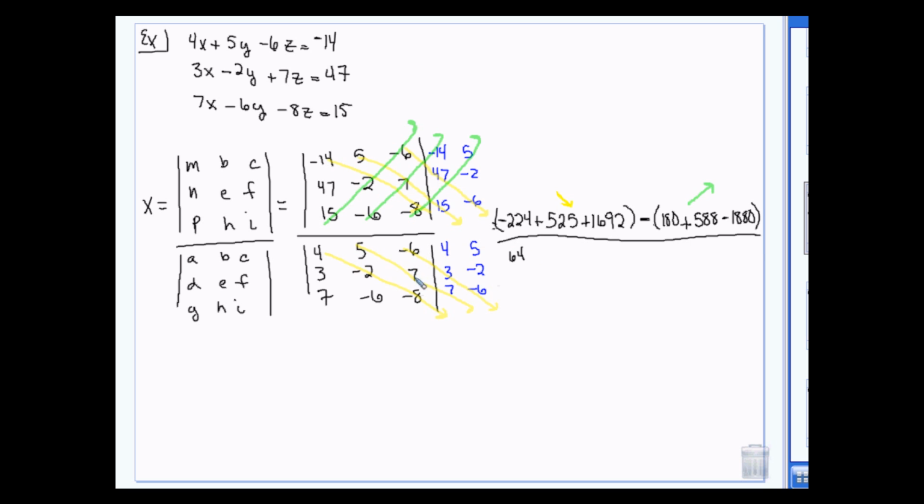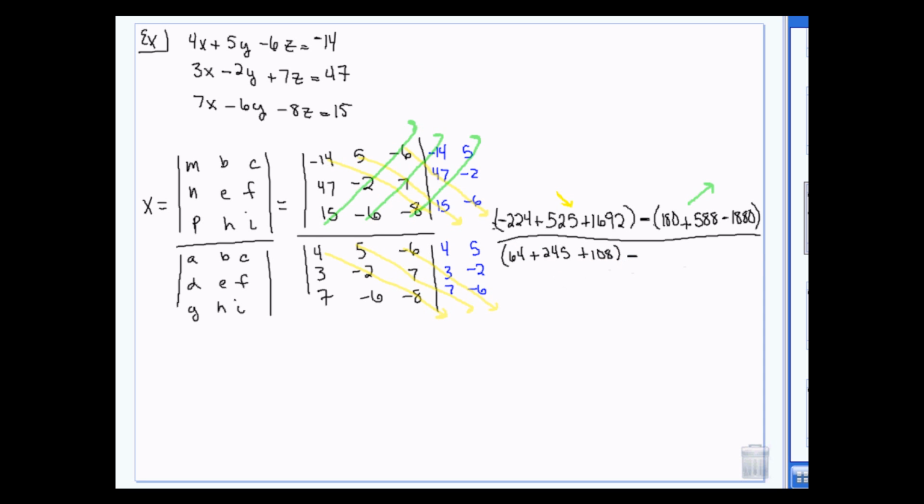And then 5 times 7 times 7, so that's 5 times 49, which is 245. And then 6 times 3 times 6, so that's 6 times 18. So plus 108.